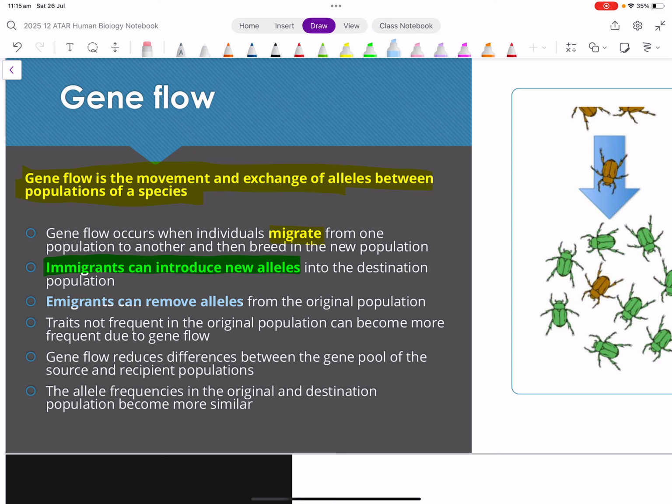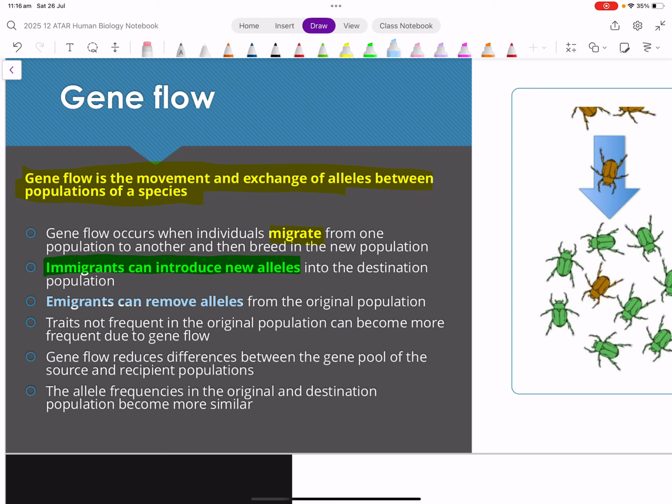Now, if a trait isn't that frequent in the original population, it can become more frequent if an immigrant to the population brings that particular allele, that particular gene with it, and as a consequence, these allele frequencies, the frequency of particular traits, can change over time.